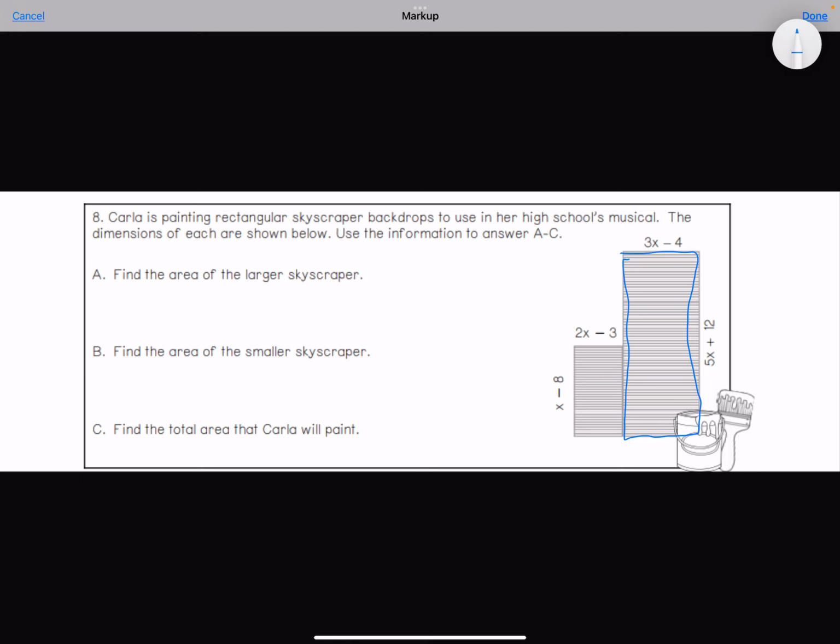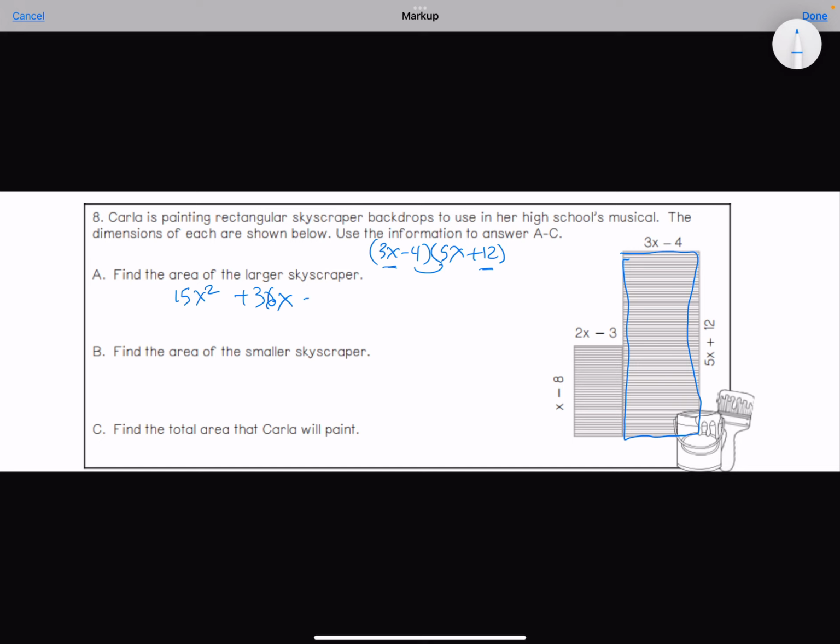So 3x minus 4 times 5x plus 12, this is the large. If I wanted to FOIL, the first terms are 3x and 5x, so it would be 15x squared. Outer terms would be 36x.